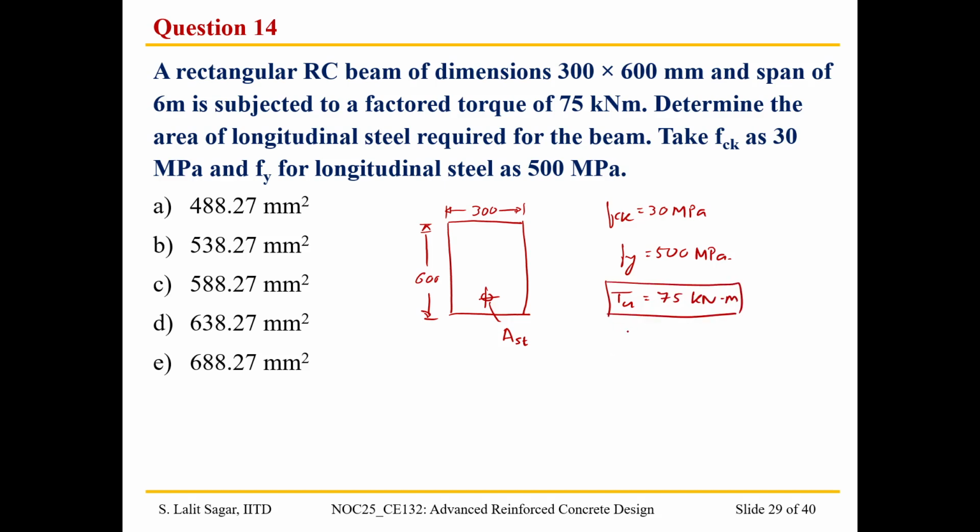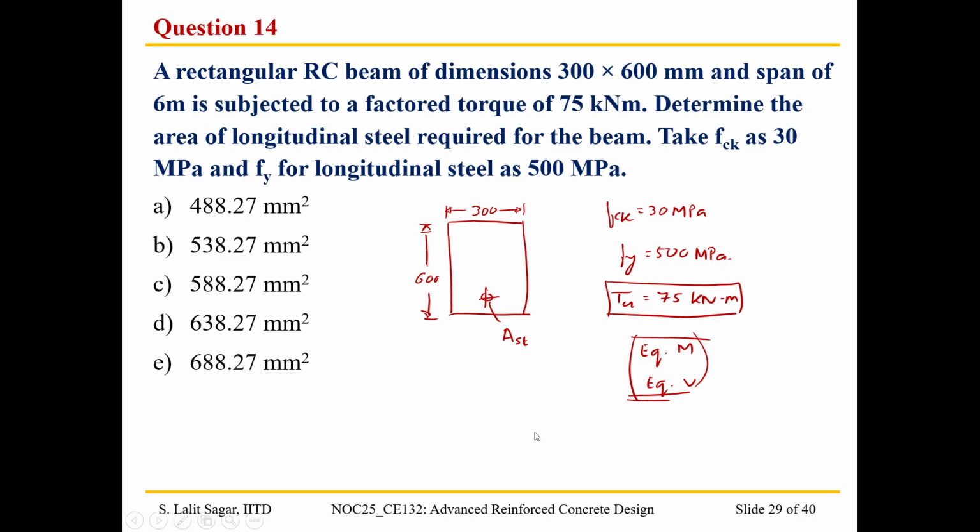So what happens is, whenever a beam is subjected to a torque, we are going to determine the equivalent moment and the equivalent shear. So that is the design philosophy. Whenever we encounter a reinforced concrete beam subjected to torque, we are going to convert it into an equivalent bending moment and equivalent shear force, and then we are going to proceed to design the RC beam conventionally.